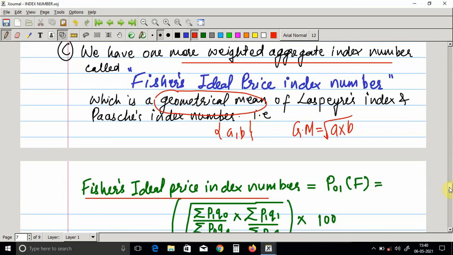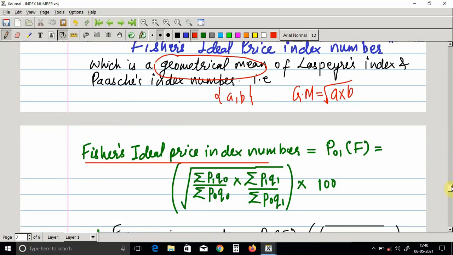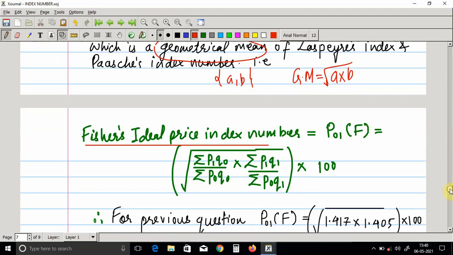Now why is it called ideal? It is a geometrical mean, and geometrical mean is going to give you a better interpretation or a more accurate value for the index number. Now just have a look at whose geometrical mean Fisher is taking.